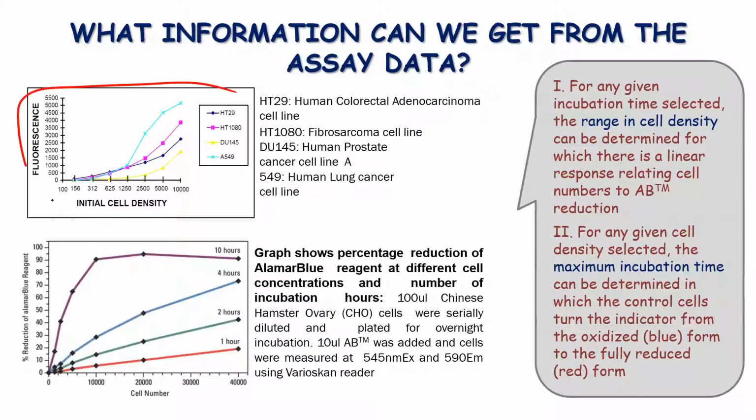In this experiment, people were looking at different cell types and how they behave in terms of their doubling times, doubling numbers, etc. So for example, you could see that this yellow graph, the human prostate cancer cell line, is very slow on division, while the A549 is a very fast dividing cell line.